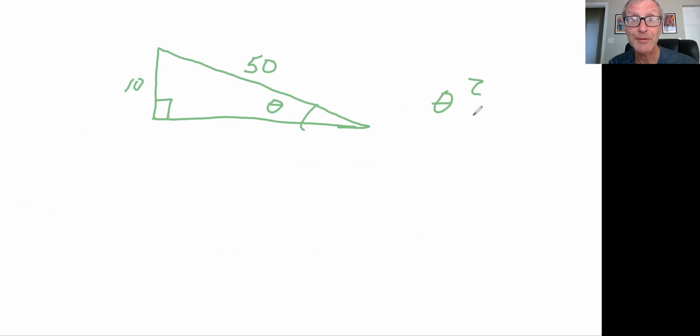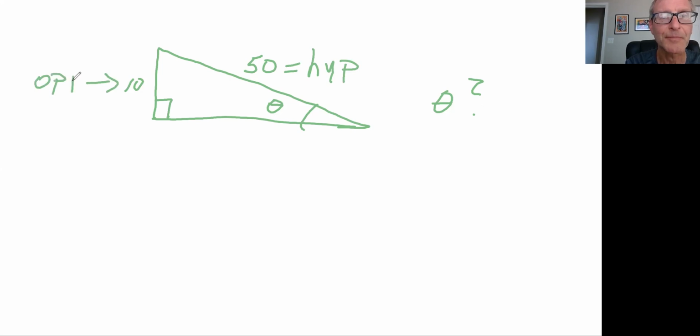And so this has to be a positive angle, and it looks like it's going to have to be in quadrant 1, right? And so if we think about this, we have theta, and this is the hypotenuse, right? And what is this side? This is the opposite side, right?